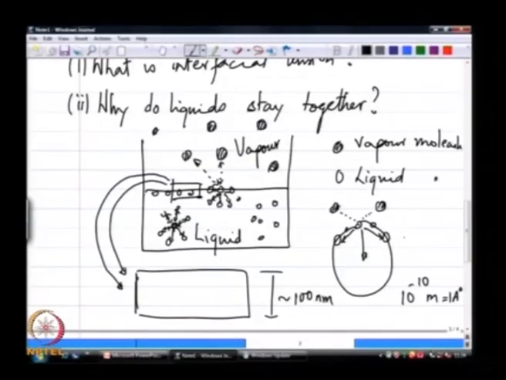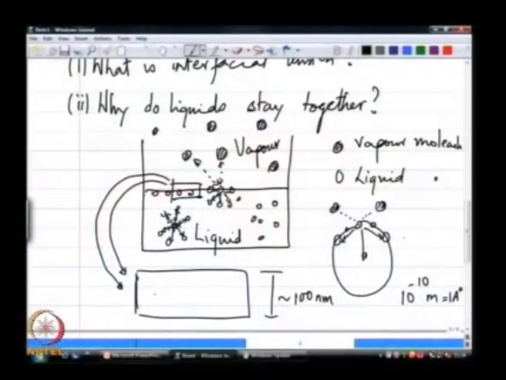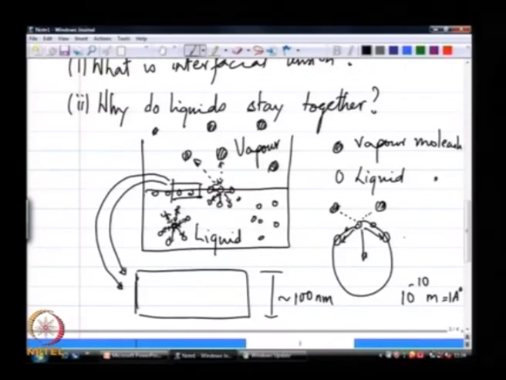But if I now take a cell that is 100 nanometers in thickness, it is much bigger than any one molecule, at least 2 orders of magnitude bigger than any one water molecule. Now, having zoomed into this length scale, I want to see what the water looks like.